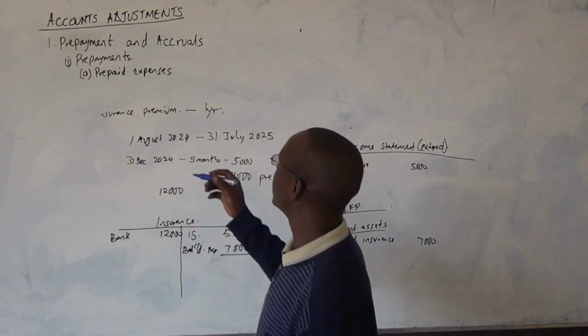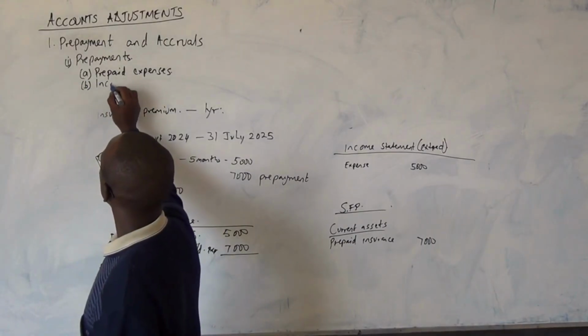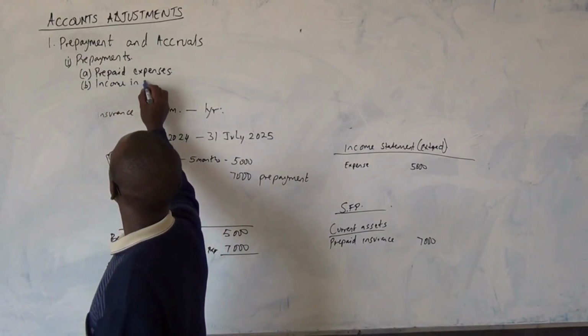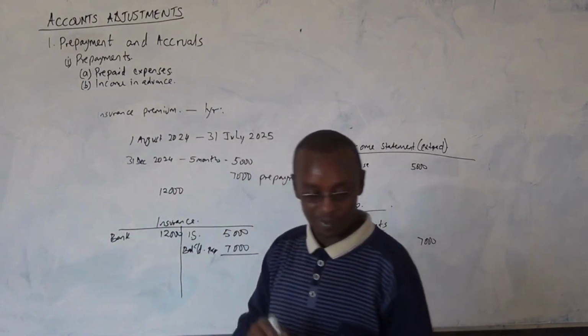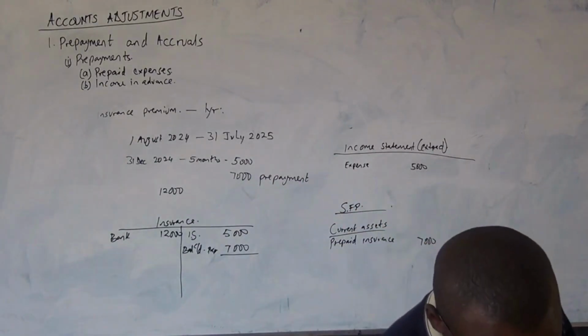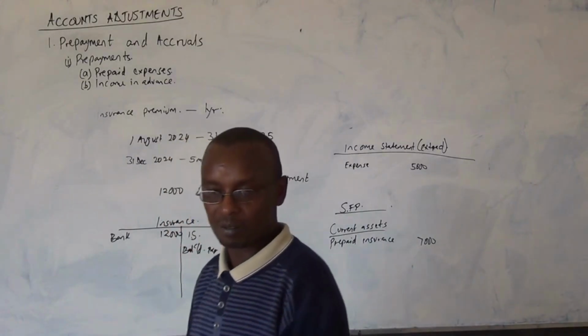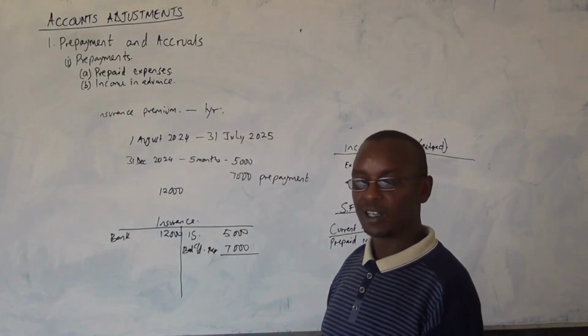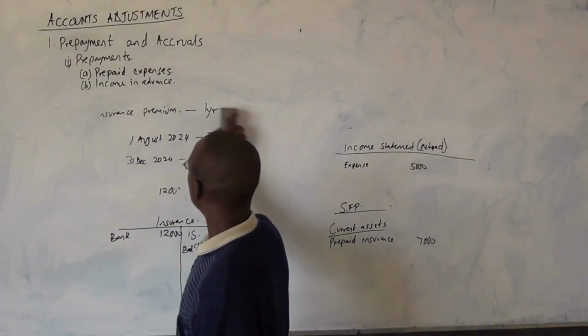Now, let's look at income in advance. Sometimes it is possible that some customers pay us before they get the goods or before they incur a service.